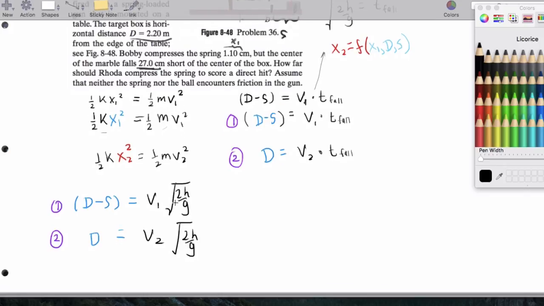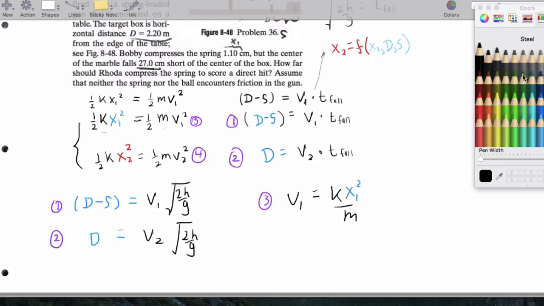Now I'm going to do one more substitution based on these formulas on the left. I'll call these 3 and 4, and I'm going to rewrite them as well. Formula 3, I'm going to rewrite as v1 equals k x1 squared over m.